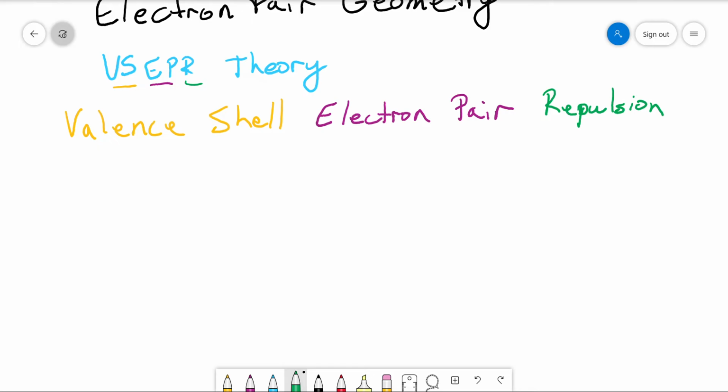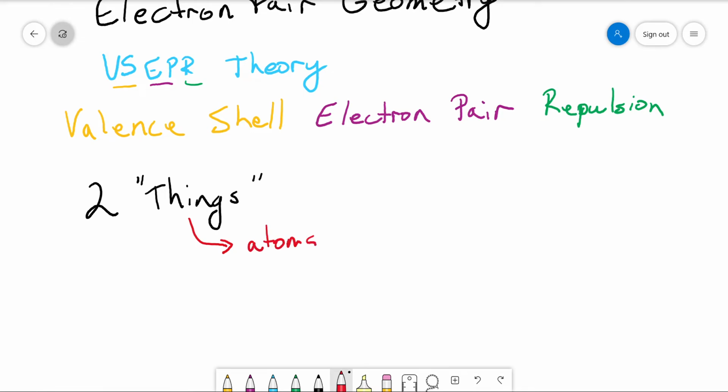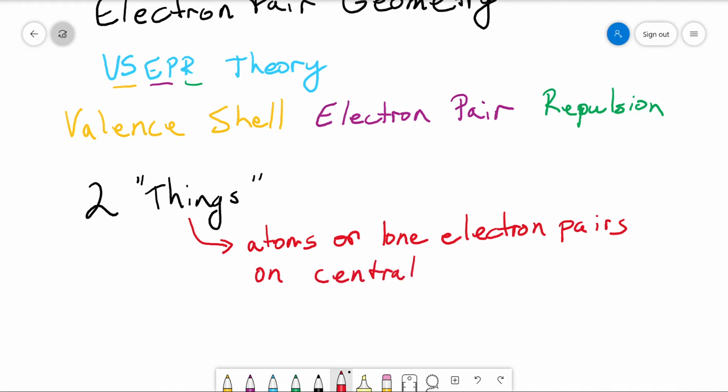So we're going to start by talking about a central atom with two, and I get really technical and I call them things. Now what are those things? Those things are atoms or lone electron pairs on the central atom.